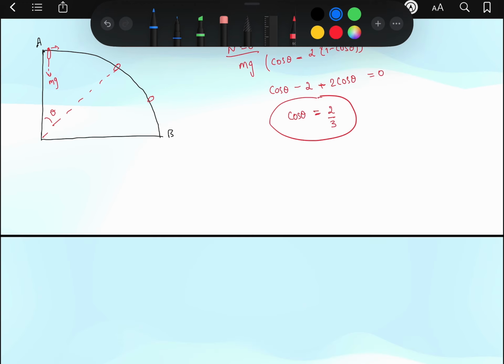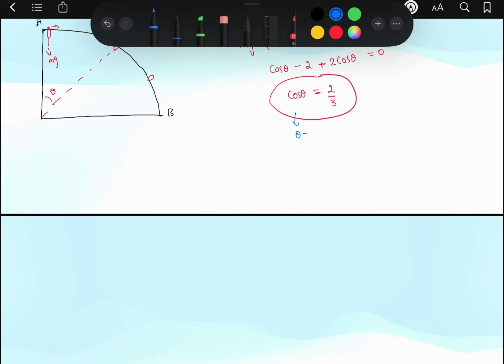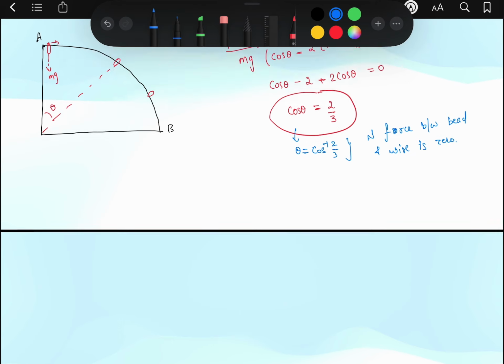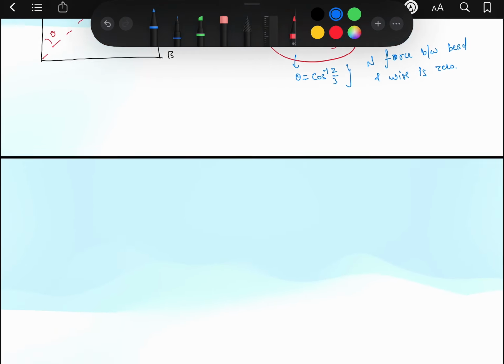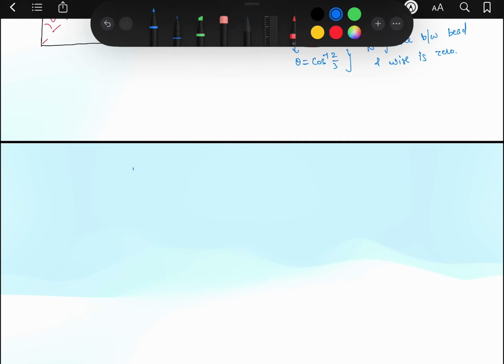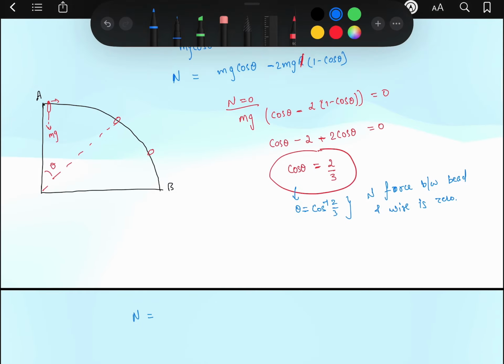Okay, so at theta equal to cos inverse 2 by 3, the normal force between this bead and wire is 0. And from this normal equation we will be substituting some equations here. Let me call it, normal is equal to what?